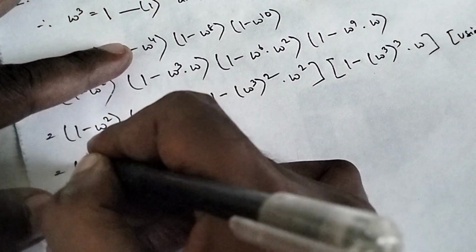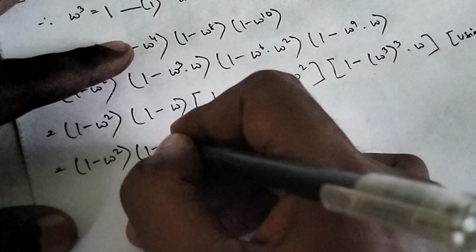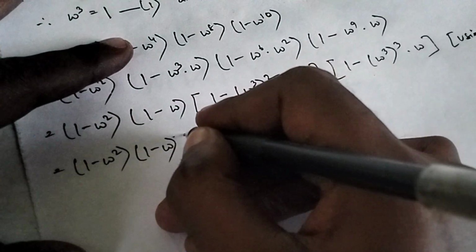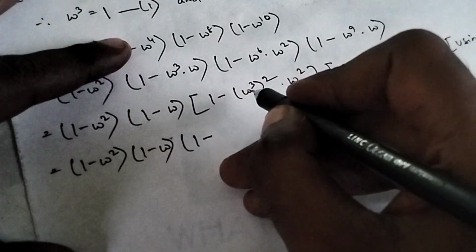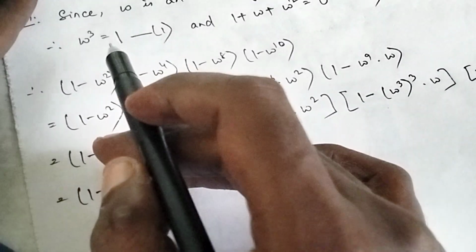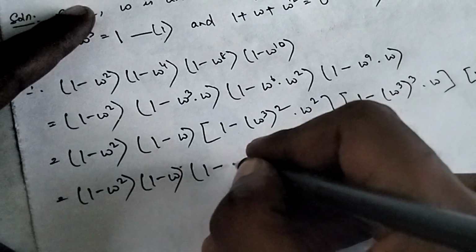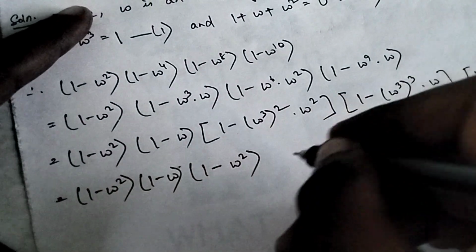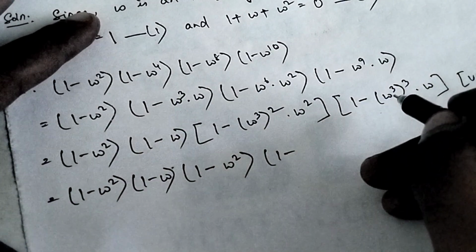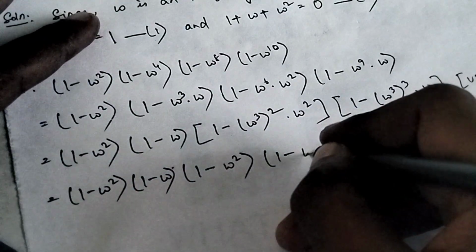So now 1 minus omega square into 1 minus omega cube is 1, since omega cube is equal to 1, so 1 square is 1, 1 into omega square is omega square. Again 1 minus omega cube is 1, 1 cube is 1, and 1 into omega is omega.